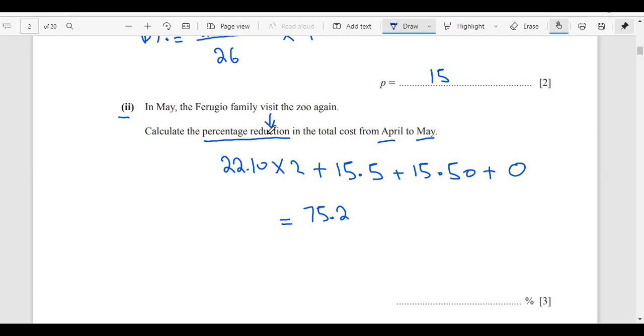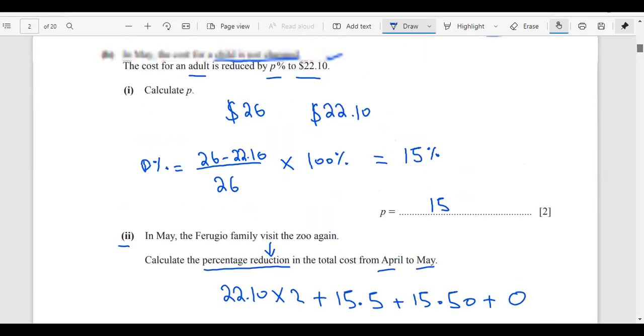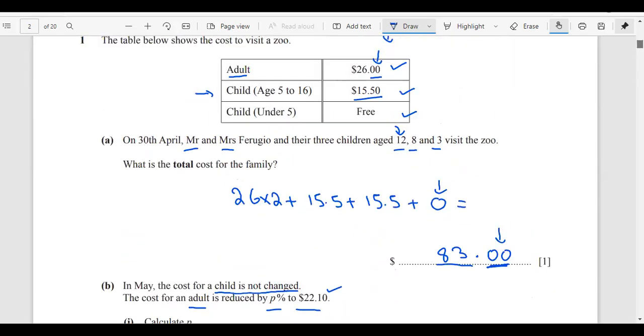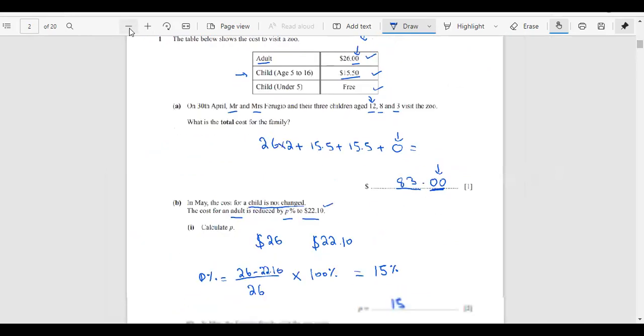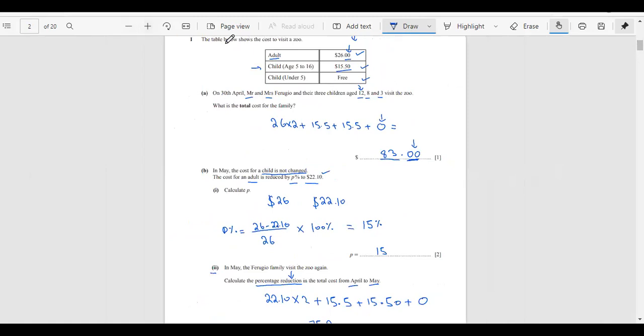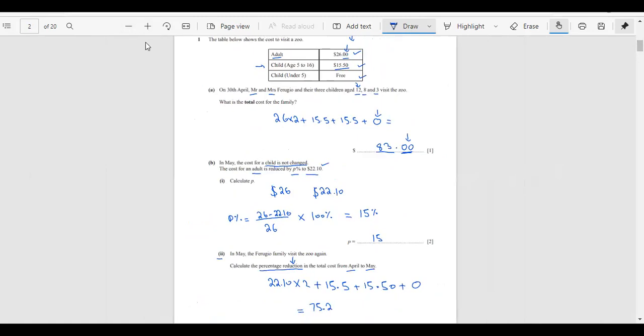Ma'am, can you go up a bit? Okay, sure, sure. That is this. Yeah. It was 83 initially, and now it is 75.2.